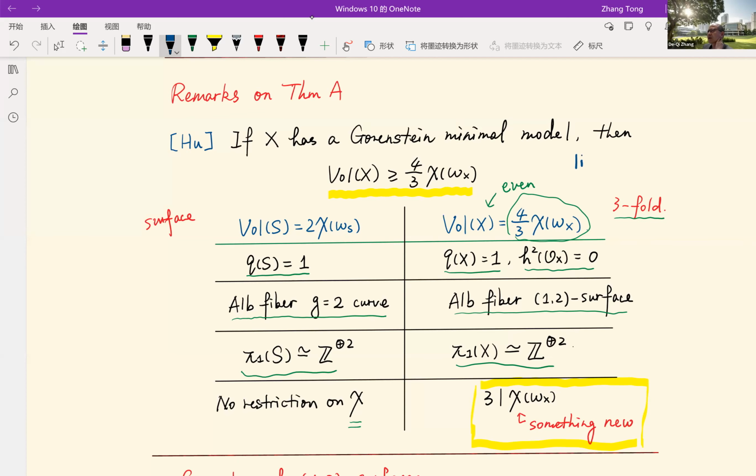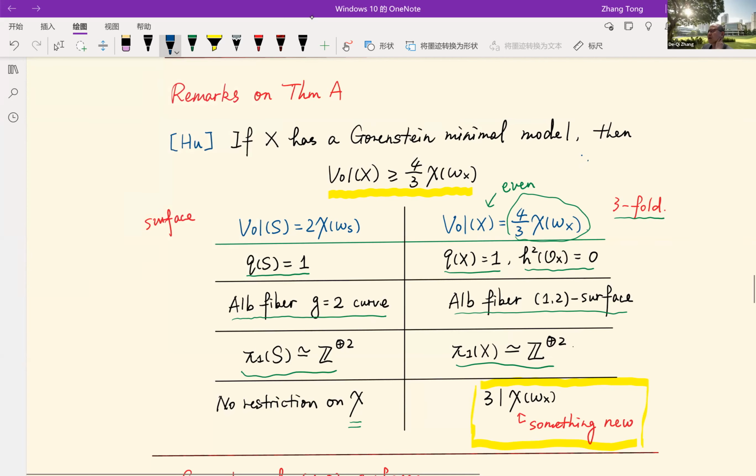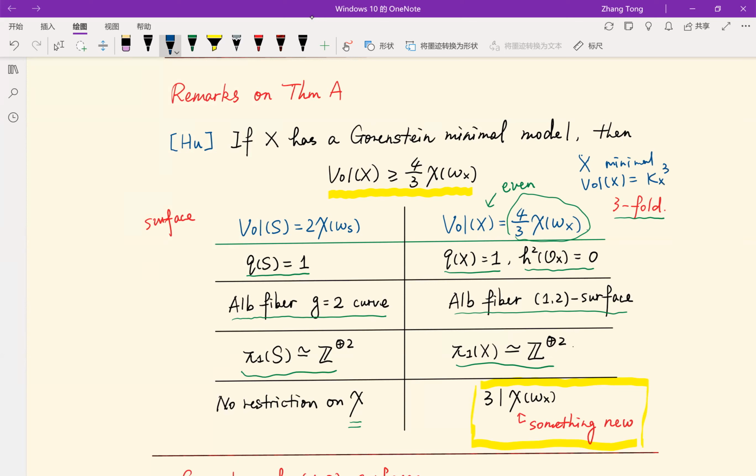Take a minimal model. So the definition of the volume: if X is minimal, then the volume of X is just the cube of the canonical divisor.